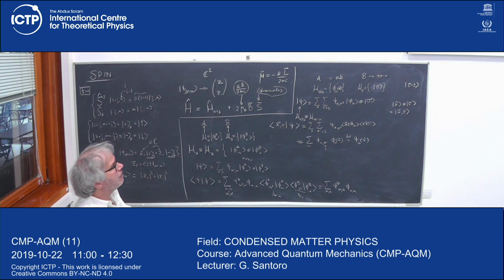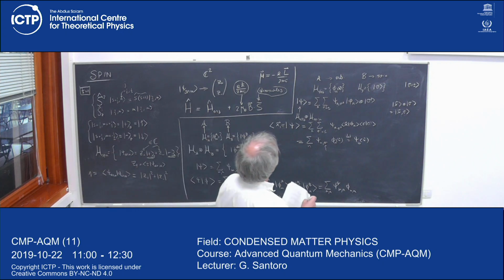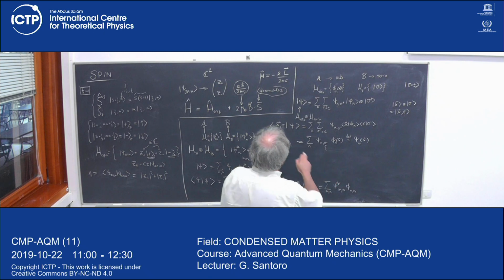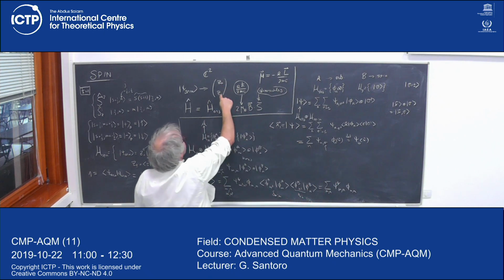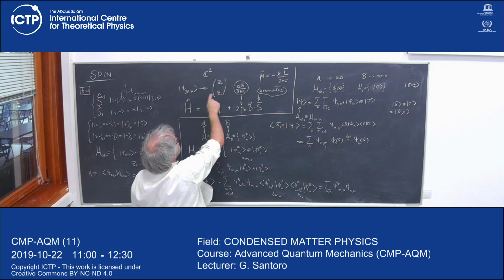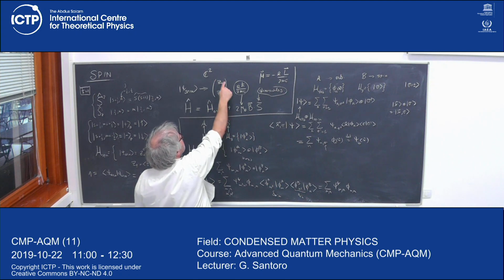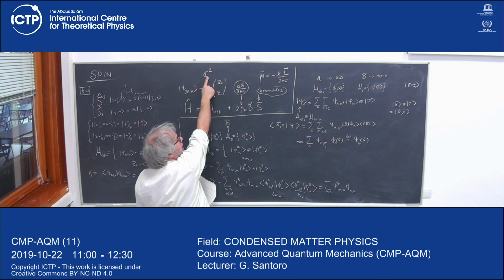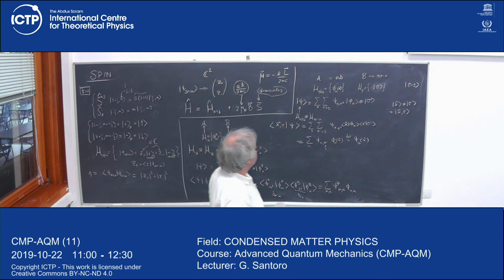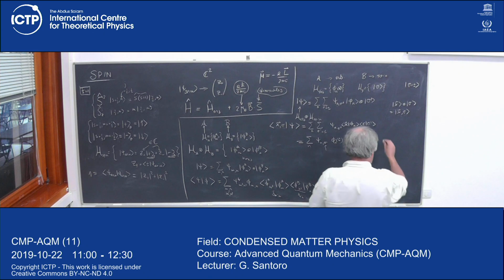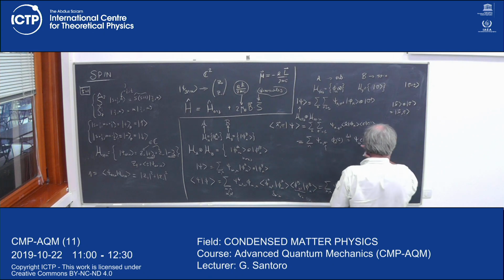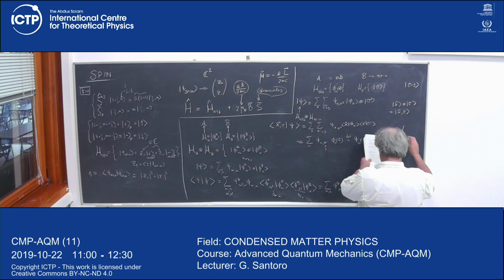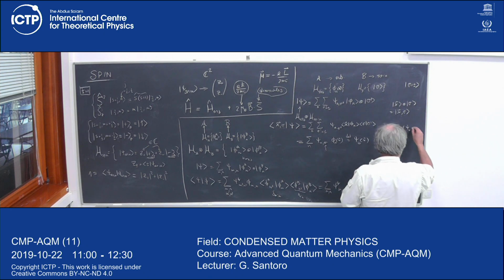Now, if I ask you, please write psi as a spinor like this. If this was only a spin, you would write a two-component vector like this, elements of C2. But if I ask you now to write a matrix form of psi, all you might say is, okay, I have a two-component wave function.